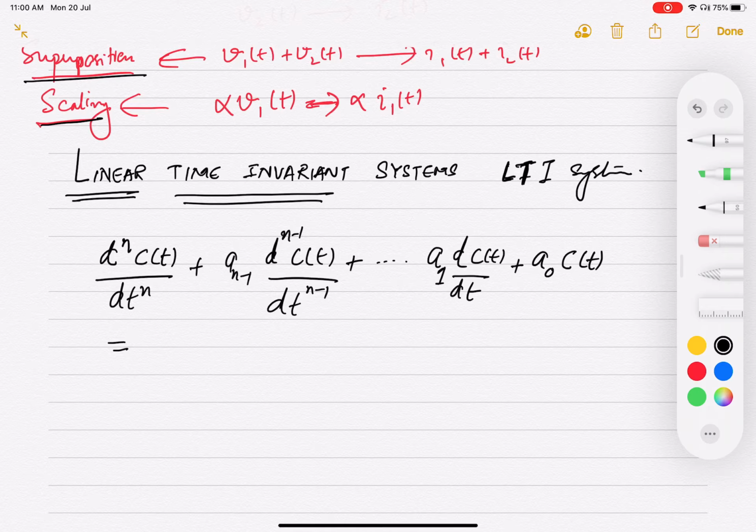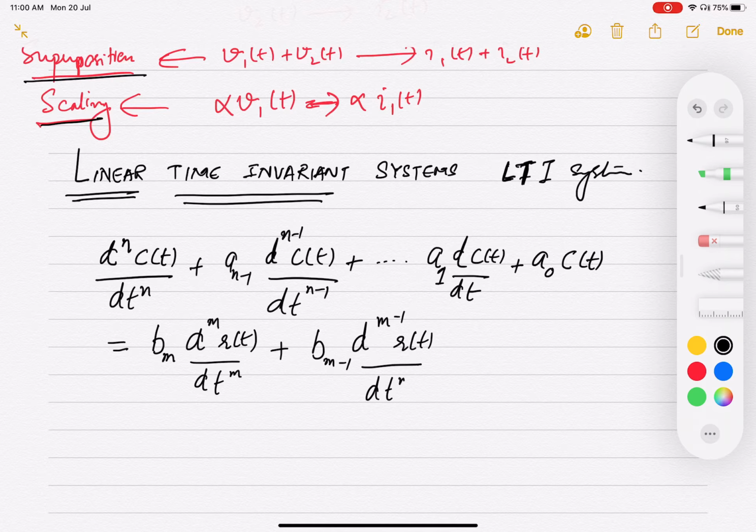on the right hand side you have the inputs, and there are m terms for that, for example. So d^m, the mth differential of the input, plus b(m-1) d^(m-1)r(t)/dt^(m-1), and this is going all the way up to, say, b1 dr(t)/dt plus b0 r(t).